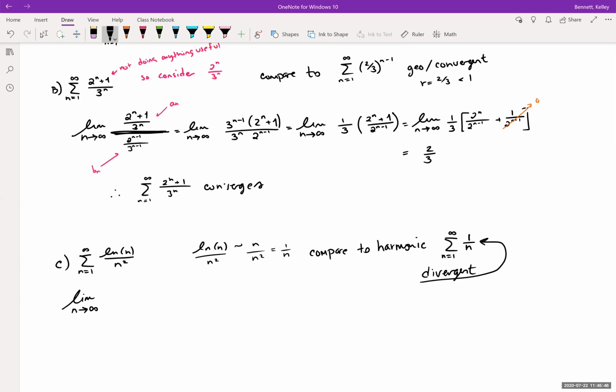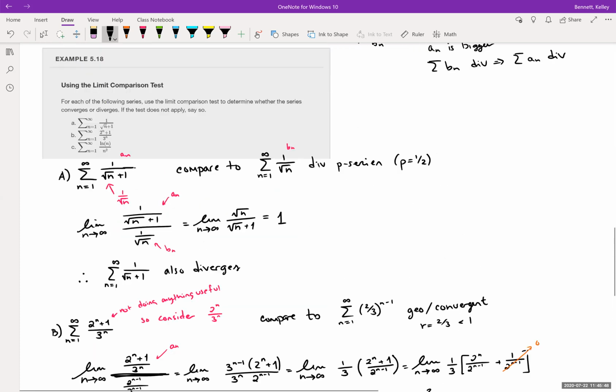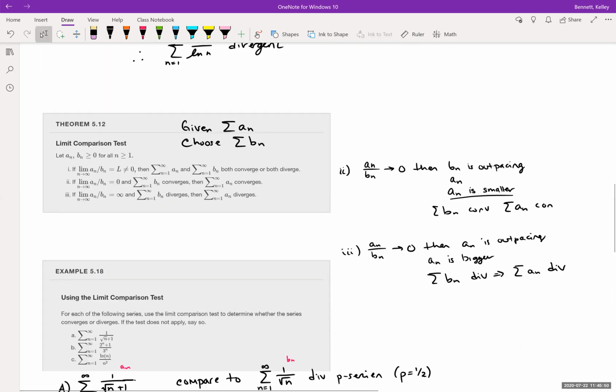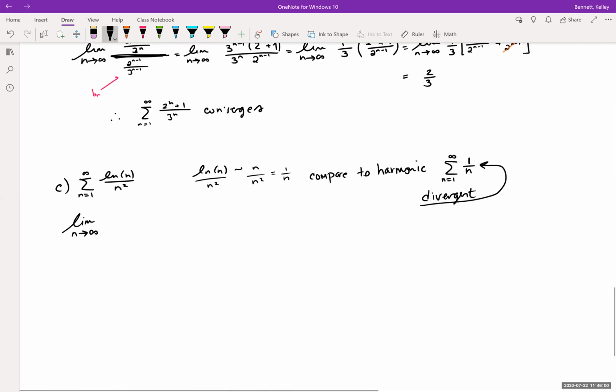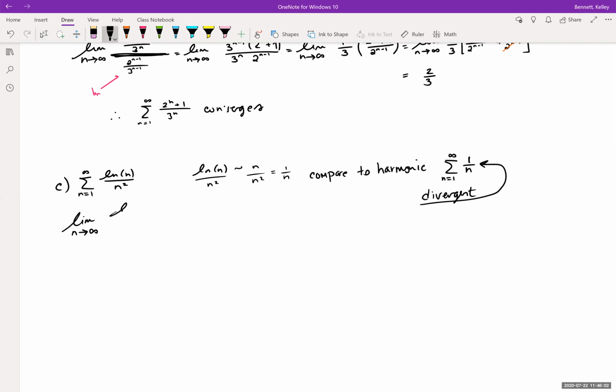Or the other option is showing that A sub n over B sub n is infinite. Then that will also give me what I need. So I have ln of n over n squared over 1 over n.